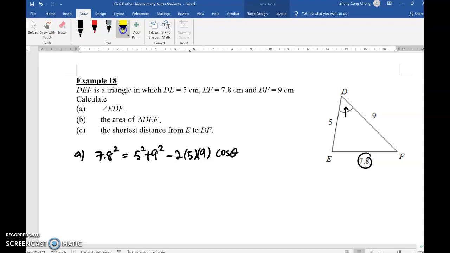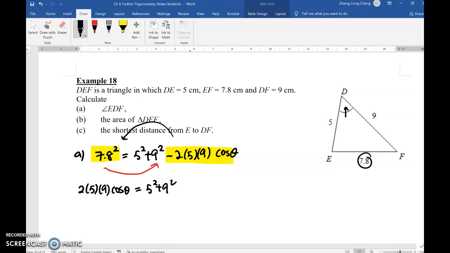So again, we will bring everything to the left and we will bring 7.8 squared to the right. So we have 2 times 5 times 9 cosine theta equals 5 squared plus 9 squared minus 7.8 squared.